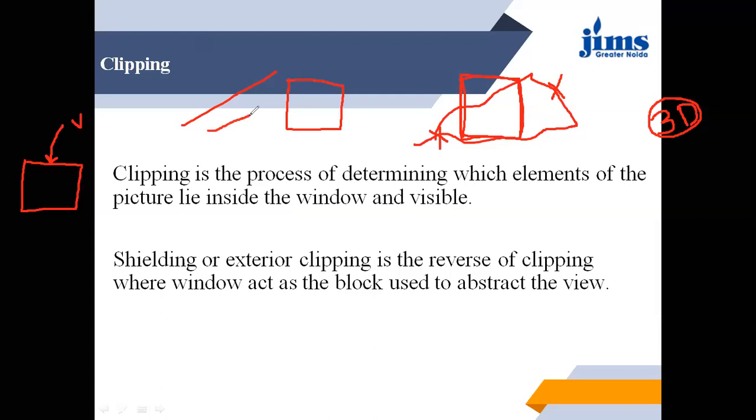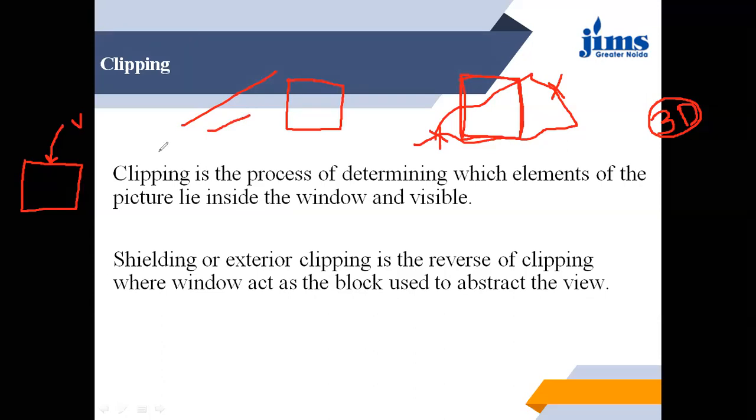But it can be the case that you are not interested in seeing all the things. So in that case, we have to clip the things. Clipping means we see only whatever we want, and the things that are not of our requirement, we clip.